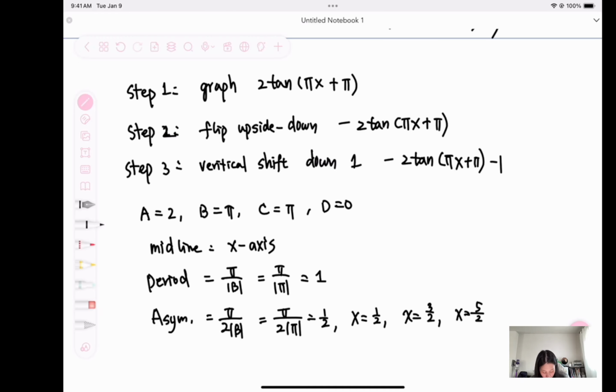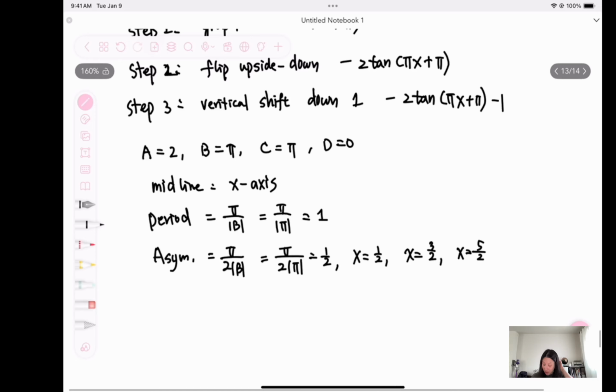And then the next one is we still need to think about the center.